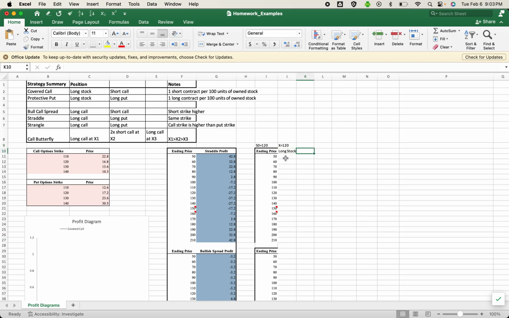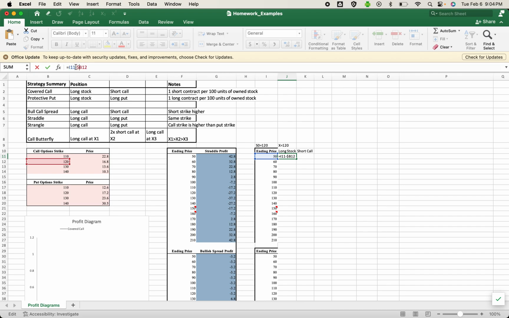My long stock profit will be simple, right? It's going to be my new stock price minus my existing spot price, or the stock price at time 0.